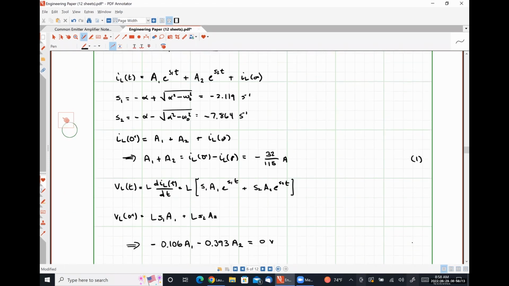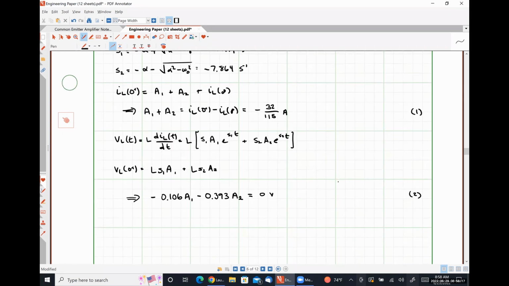All right. And now I'm simply going to solve this system. So using my 2x2 system solver, my coefficient for A1 in my first equation is 1. My coefficient for A2 in my first equation is 1. My constant term is negative 32 over 115.